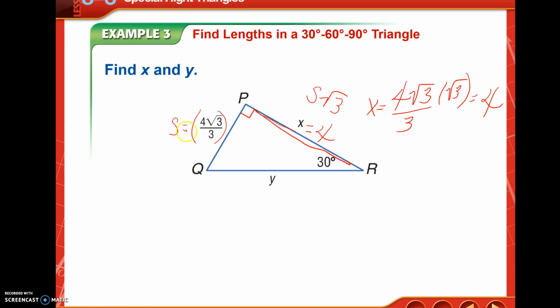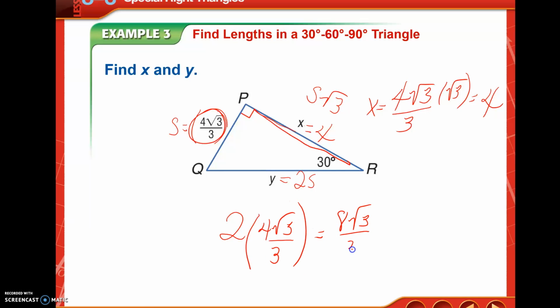And then my hypotenuse is twice the short side. So short side again is 4 square root of 3 over 3. So I would do 2 times that short leg, 4 square root of 3 over 3. So 8 square root of 3 over 3, and then we would find that to be 4.62.